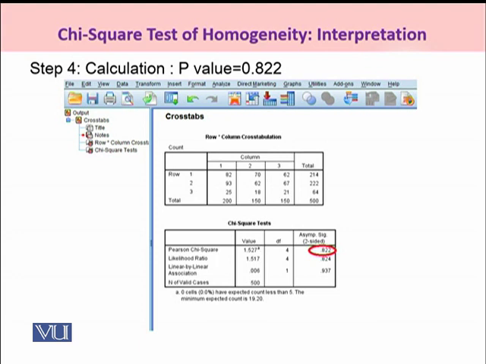Against the chi-square value you can see the p-value, which is the asymptotic significance two-tailed p-value, and this value is 0.822. So under the calculation, you are required to write down this p-value so that later, on the basis of this p-value and the observed p-value, which is alpha, you can make the comparison whether to accept or reject the null hypothesis.